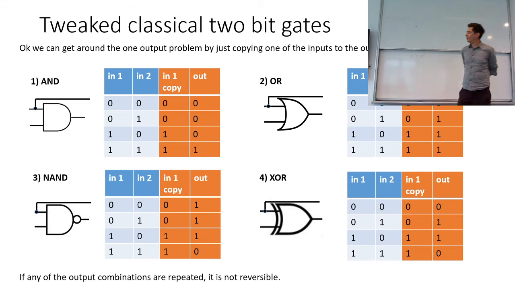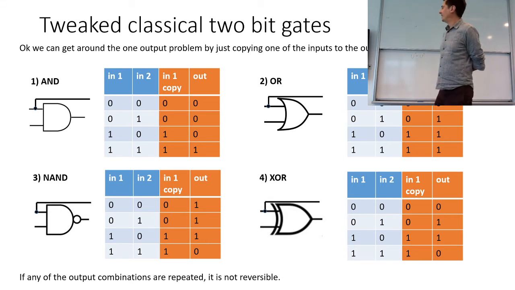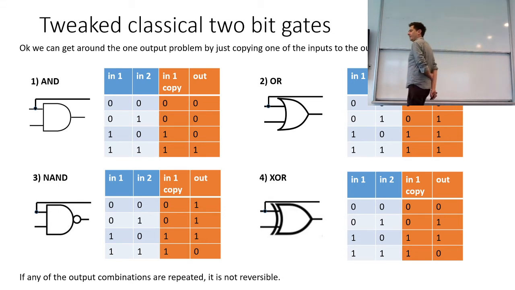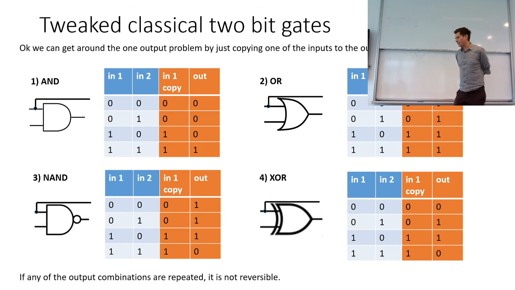Why is it not reversible? I think if there are 2 cases where the outputs are exactly the same, then it won't be possible. Yep, exactly right. Here we've got 0, 0. We don't know what's happened. Can we work out what it was before? Well, there are 2 cases, so it's ambiguous. We can't work out if it was that one or that one. So AND is out.